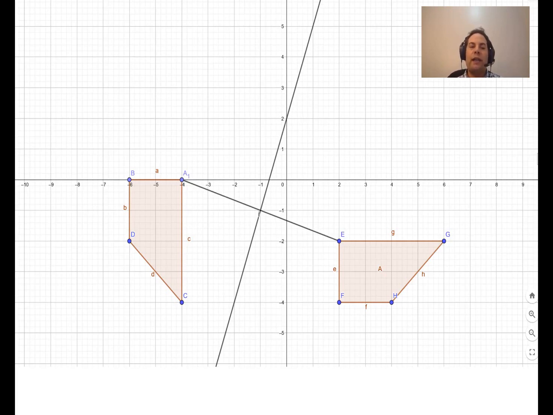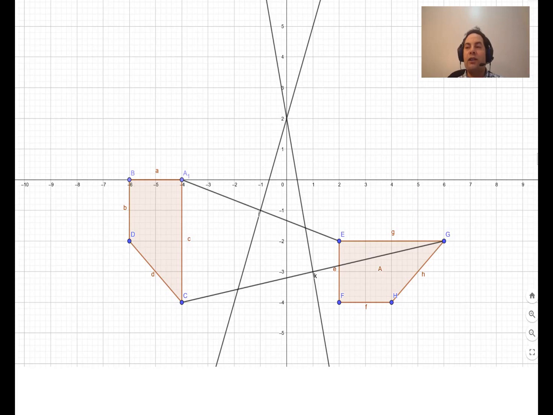Try it again with another 2 corresponding points, and draw the perpendicular bisector between these 2 points. The 2 perpendicular bisectors intersect at the center of rotation. So the center of rotation is (0, 2).